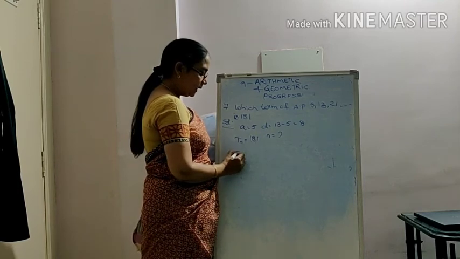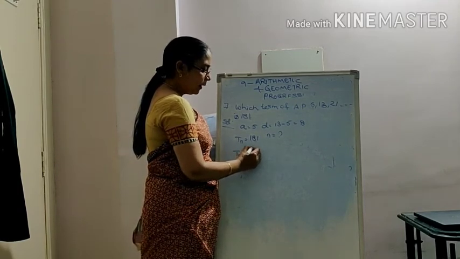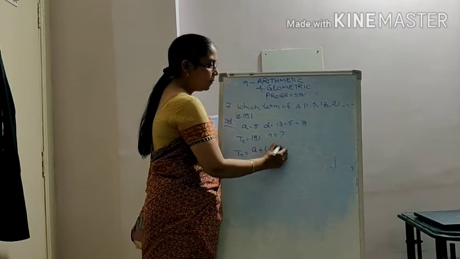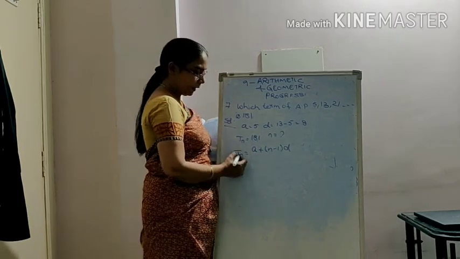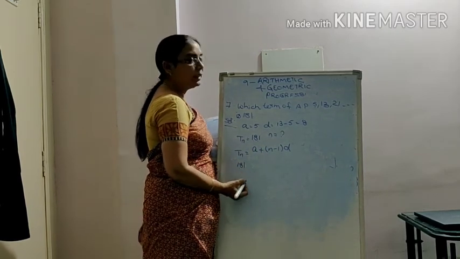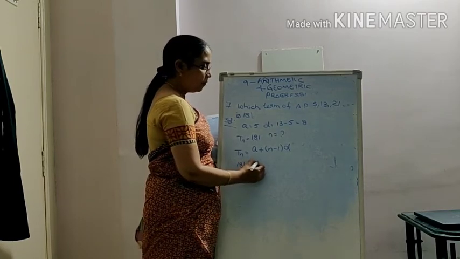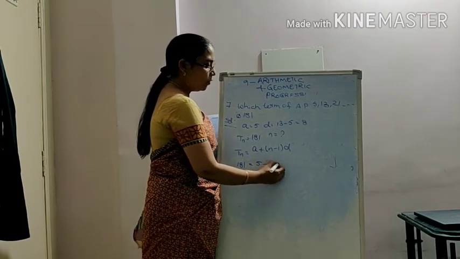So I'll write Tn is equal to A plus n minus 1 into D. What is Tn given? 181. What is A given? 5. What is n? We don't know n.